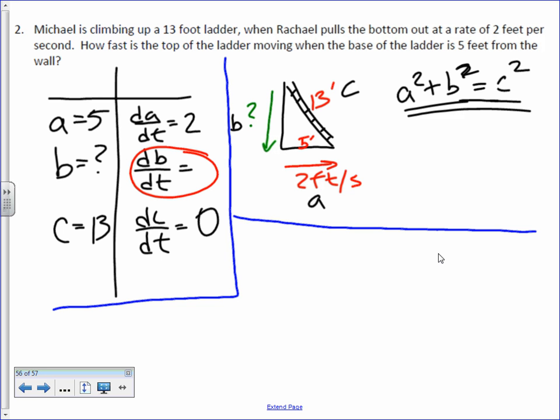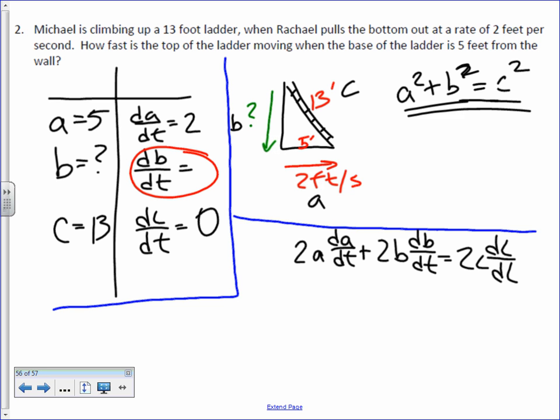So when we differentiate this equation, we're going to get 2a dA dt plus 2b dB dt equals 2c dC dt. Okay, I had to use chain rule with each of those variables because A is really A of t, B is really B of t, C is really C of t.